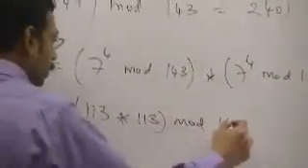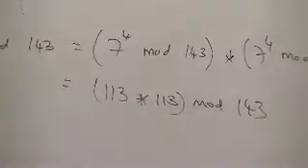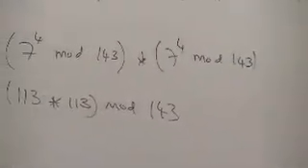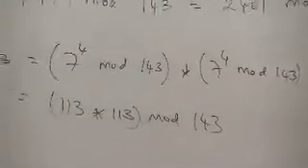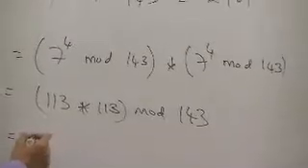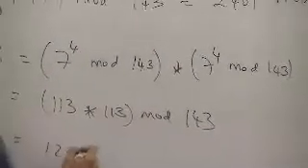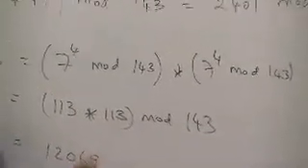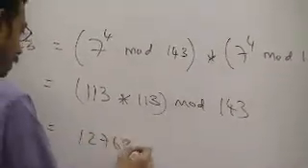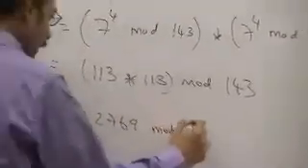So this is 113 times 113 mod 143. Somebody should quickly do it and tell me the answer. 12,769. Okay, mod 143.